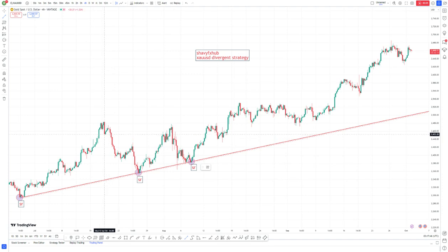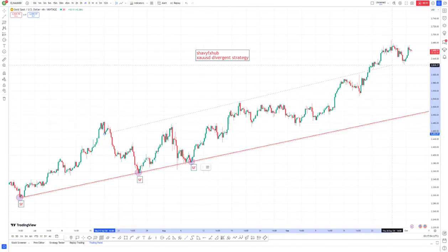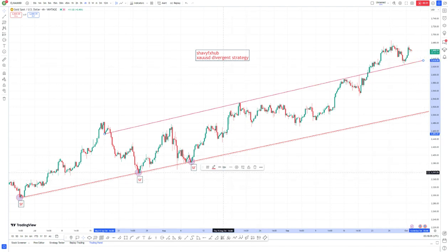We have a break of structure here. The support level is broken due to bearish impulse. I want to connect it to all the highs. So this is a support buying foundation broken.